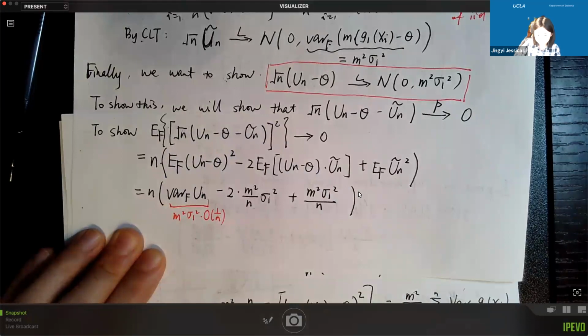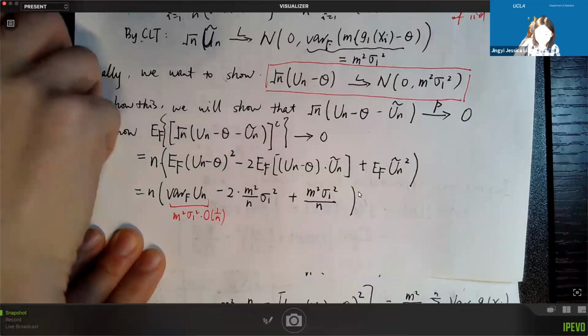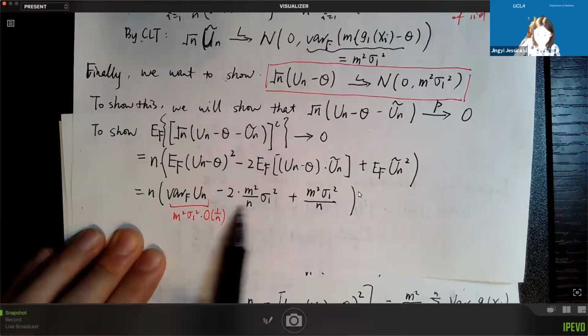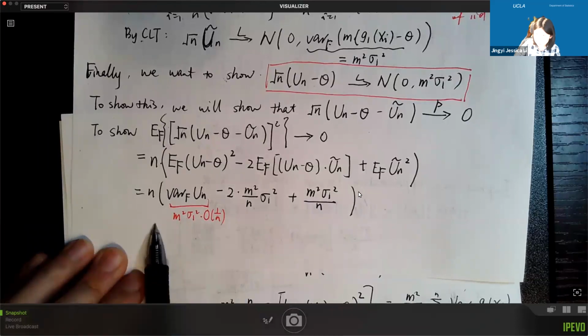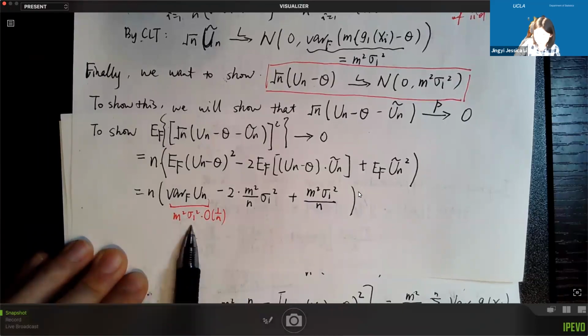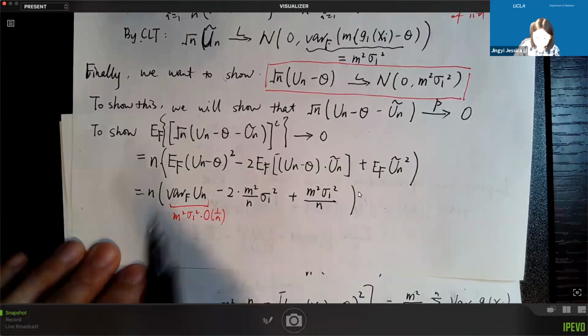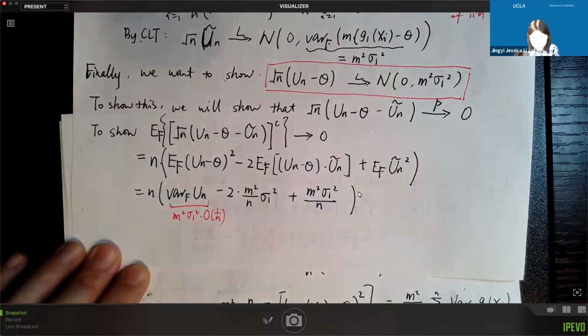So now you see we have this plus this minus this. And we can see that this is coming down to 0 for sure, because we would actually have, so this is equal to 1 plus n.